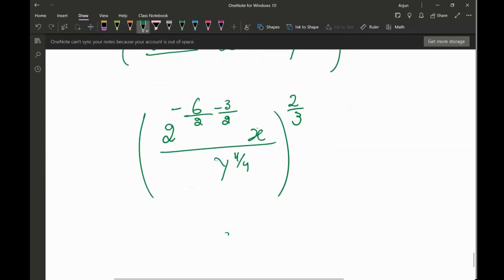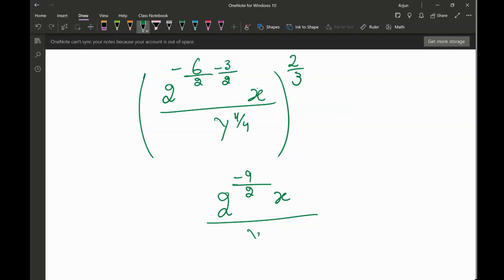Now I'm going to simplify the exponent of 2 on the bottom, negative 9, because 6 plus 3 is 9, and then x, divided by y to the power of 11 over 4, and this is 2 over 3 outside.